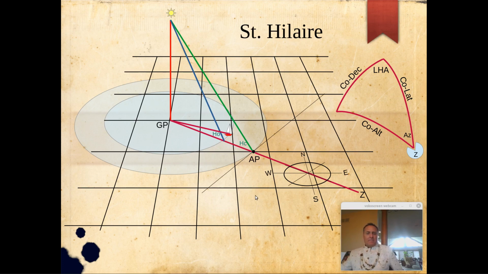Do you see how HC is a narrower angle than HO? We can pick any point on the circumference of the smaller circle and draw a line up to the sun, as I've done here.